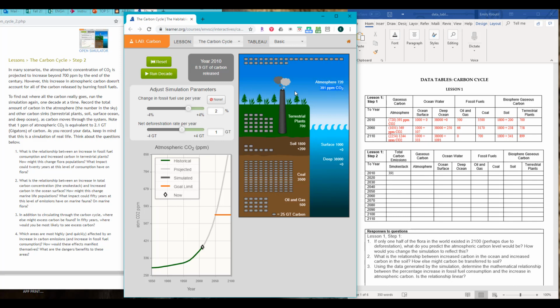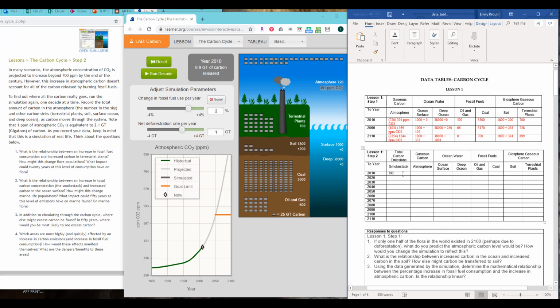It's not immediately obvious. And then the atmosphere is the 720. So now that we know that, we can take that out if you want, or you can just leave it there. It's not hurting anything. Now for the atmosphere is 720.